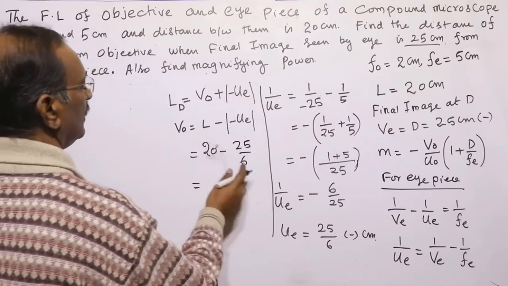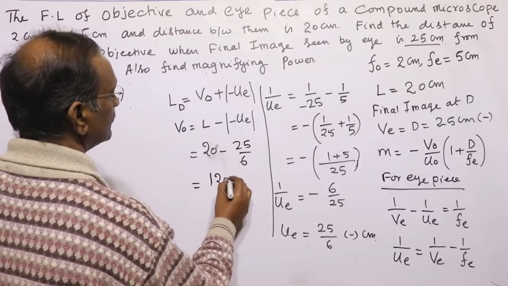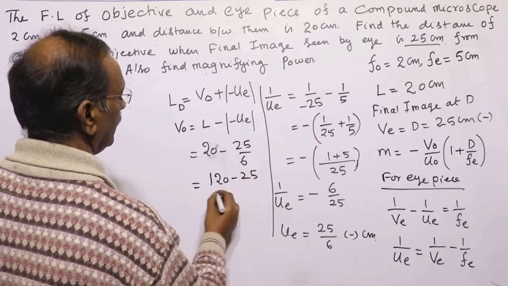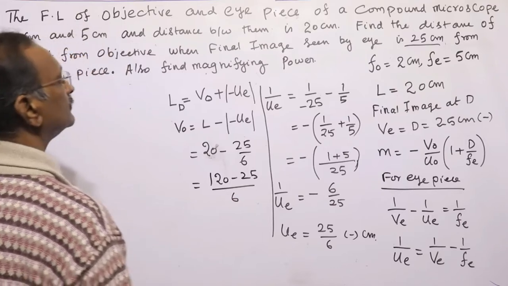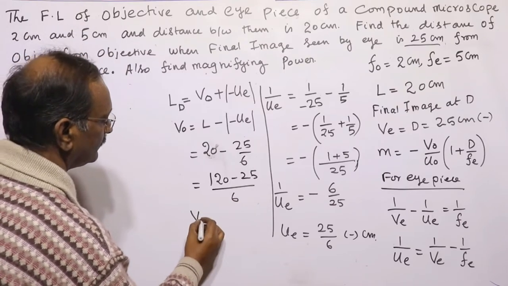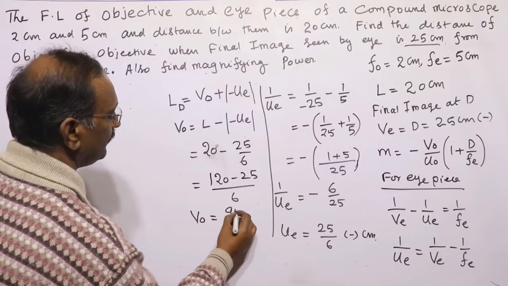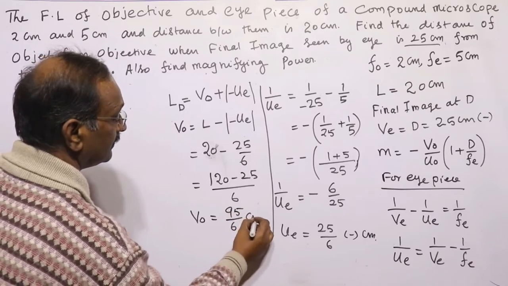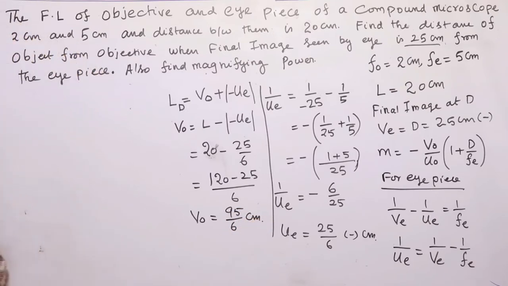So it is equal to 120 minus 25 divided by 6. Therefore V naught is equal to 95 by 6 centimeter. So we have found out V naught also.